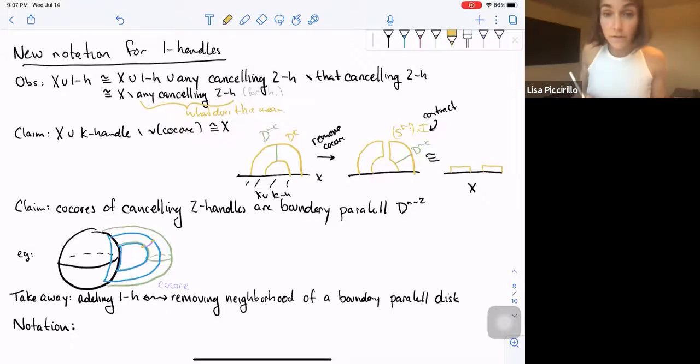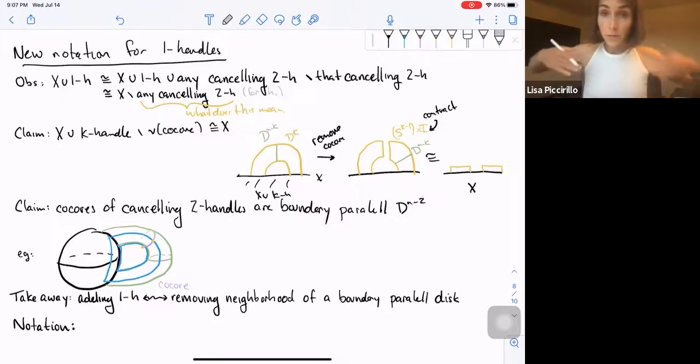I just sort of dragged it off to the side. And now from this picture, where we've dragged the co-core of our two handle off to the boundary of the two handle, it's not so hard to see that indeed this co-core disk is boundary parallel.